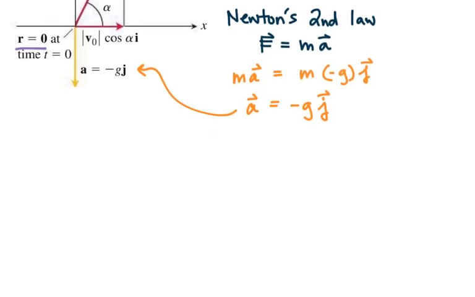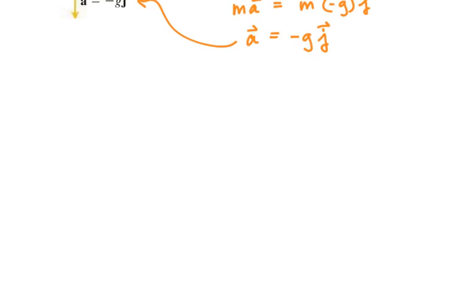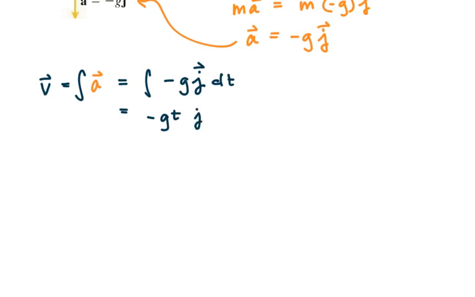So if we now have this acceleration, one thing we know is that velocity is the integral of acceleration, or rather the integral of negative g j dt. Integrating this, we would get negative gt times the vector j plus some c sub 1.